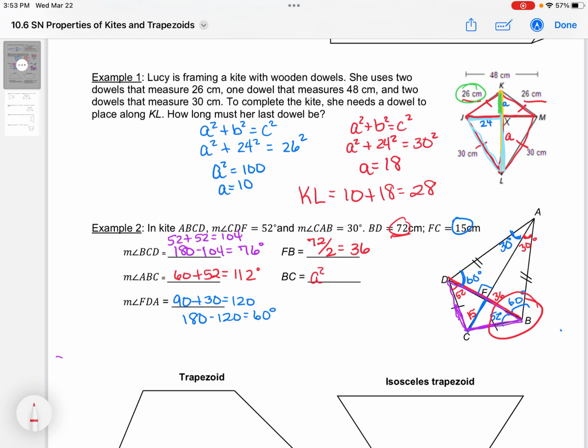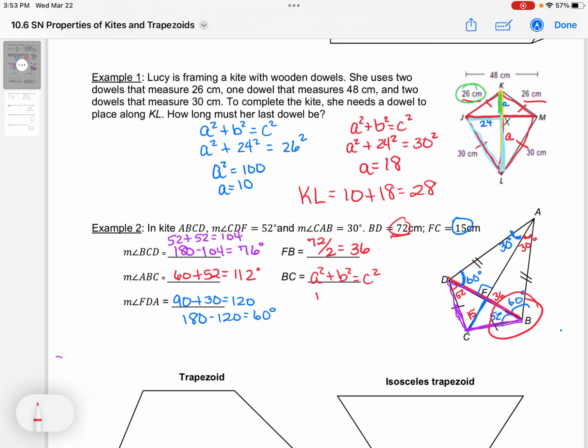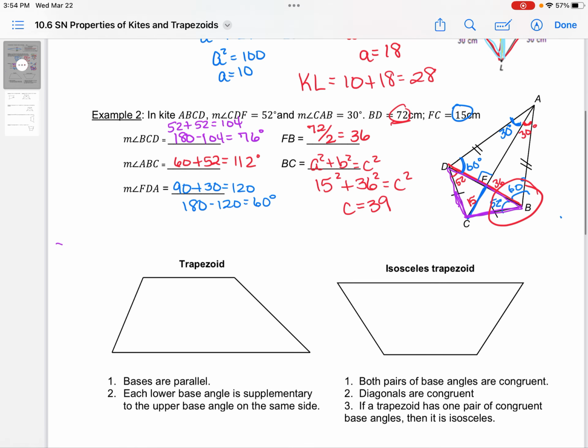So I'm going to have 15 squared plus 36 squared equals C squared, because that's my hypotenuse. And that is going to make C equal to 39. So try the math and make sure it works out. Okay.